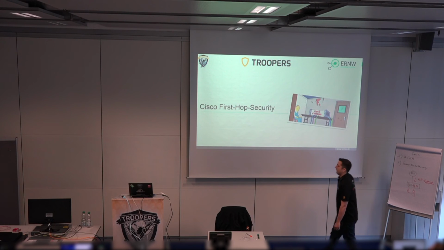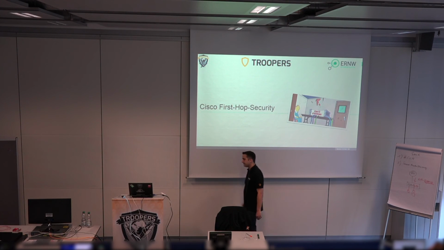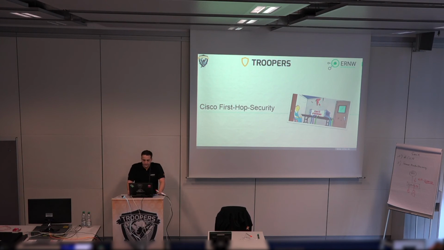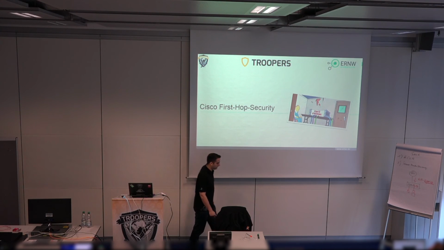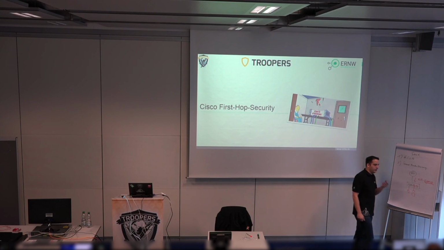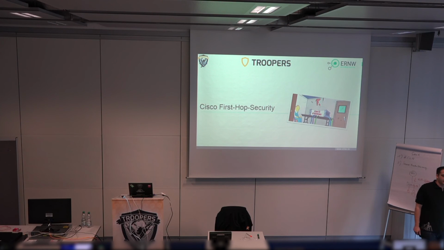But at the end of the day, what we will use when we are trying to protect ourselves against all these kinds of attacks, as I said, we have to rely on security features which are implemented on the switches, and Cisco was the first vendor who implemented such features. Cisco calls them first hop or IPv6 first hop security.